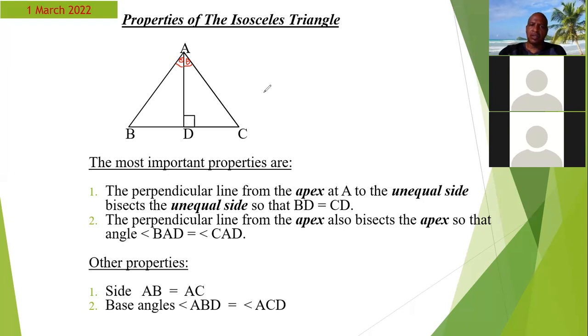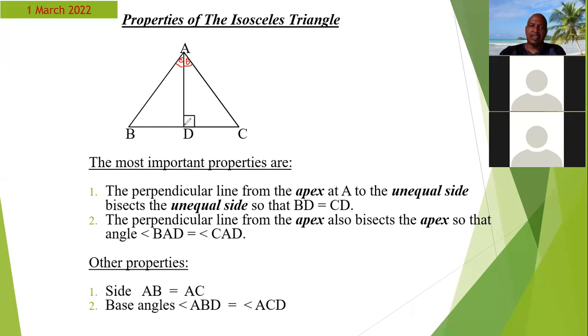So you may have a horizontal line crossing a vertical line, and they will form a right angle. Now the base, which is the unequal side, is perpendicular to the vertical line from the apex angle, and hence we have a right angle.